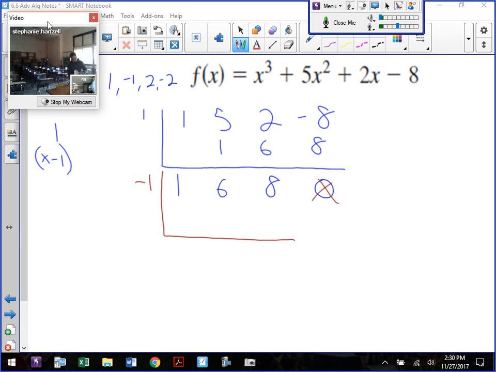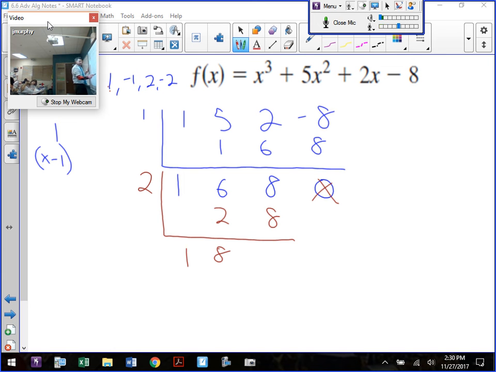I try negative 1, I get 1, negative 1, 5, negative 5. That did not work. So I erase it. And at that same point, then I'm going to try my next number, which was 2. I don't have to go back to 1, excuse me. But I go back and I'll go into 2. I go to 2, I get 1, 2, 8, 8, and that didn't work. 16. Well, that still didn't work.